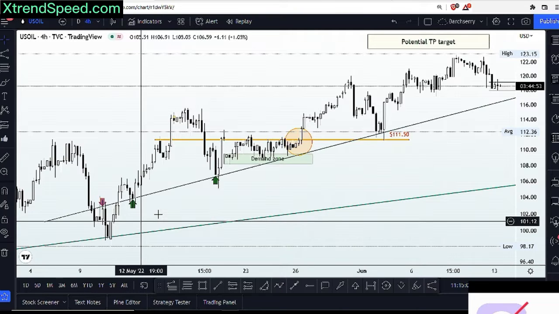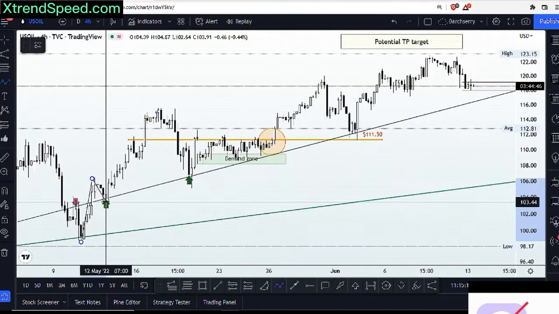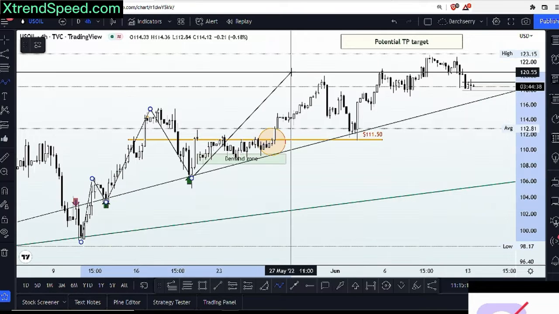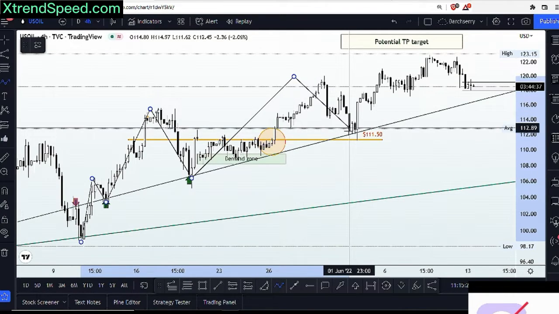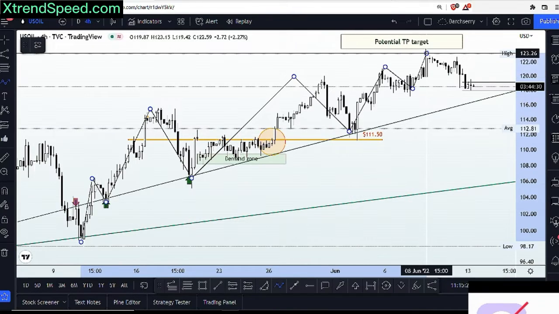Since price climbed that temporary bullish trend line, we've been seeing higher highs and higher lows until we saw the move that culminated at the 123.40 area, and we are seeing a retracement move to the downside.